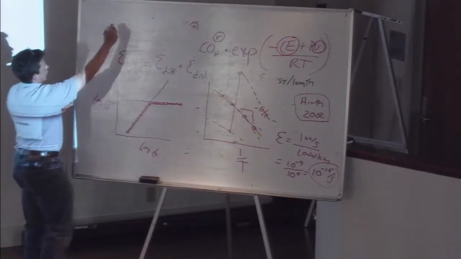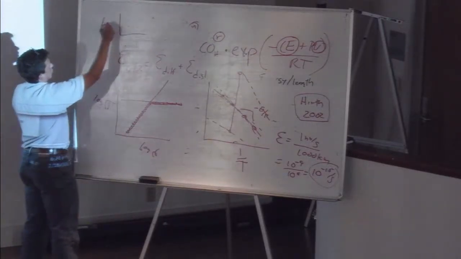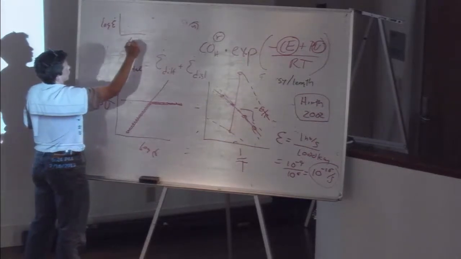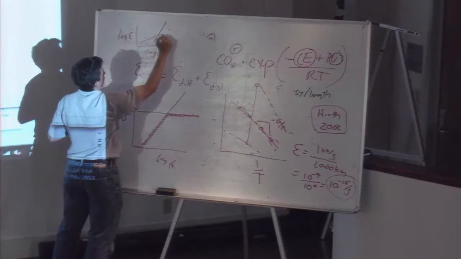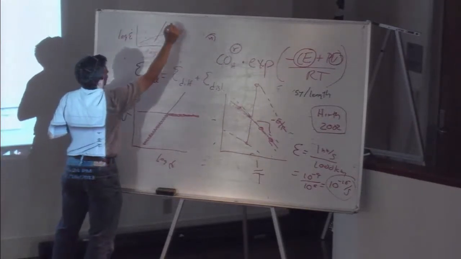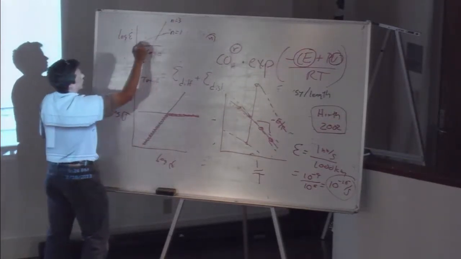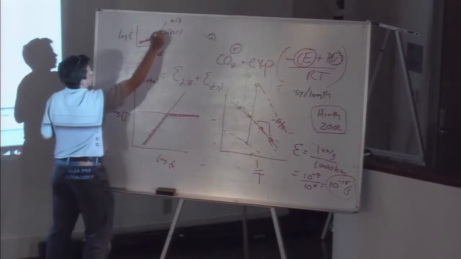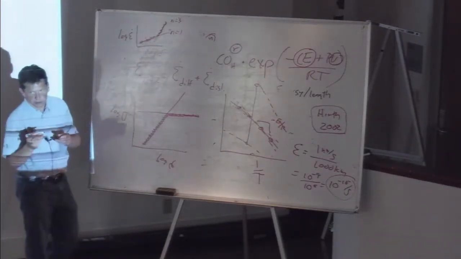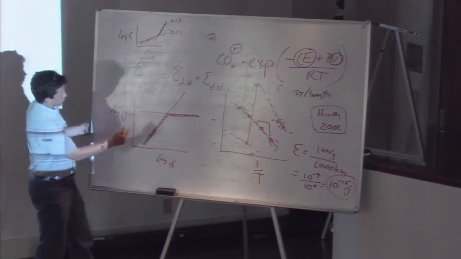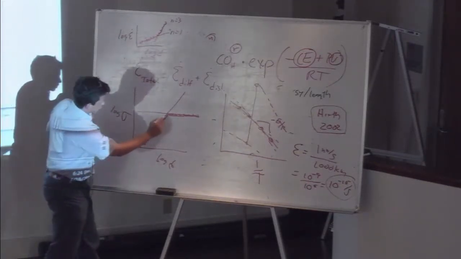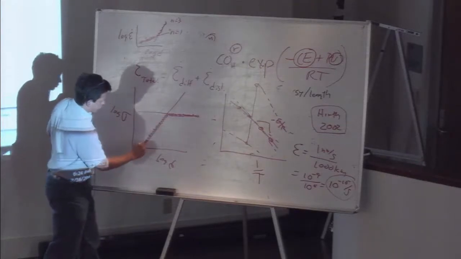If we did it as a log strain rate versus log stress plot as an example, you would have this n equals 1 line and this n equals 3 line. And you would go along here, then you would switch and go up that way. Okay? A little bit of a tricky thing is it doesn't actually go exactly to this margin and move over to the other side.